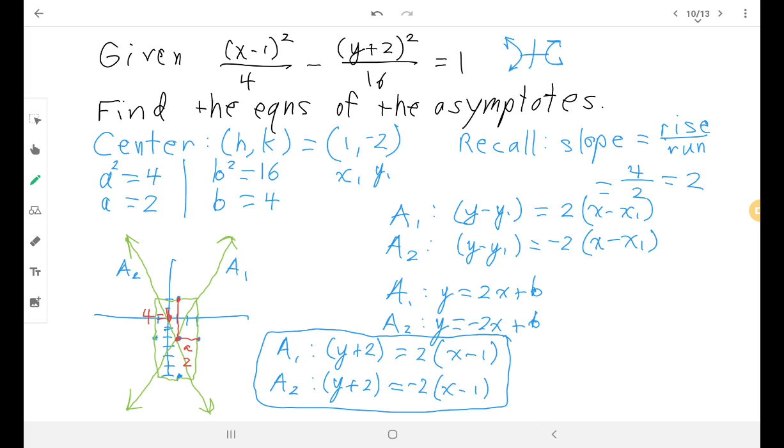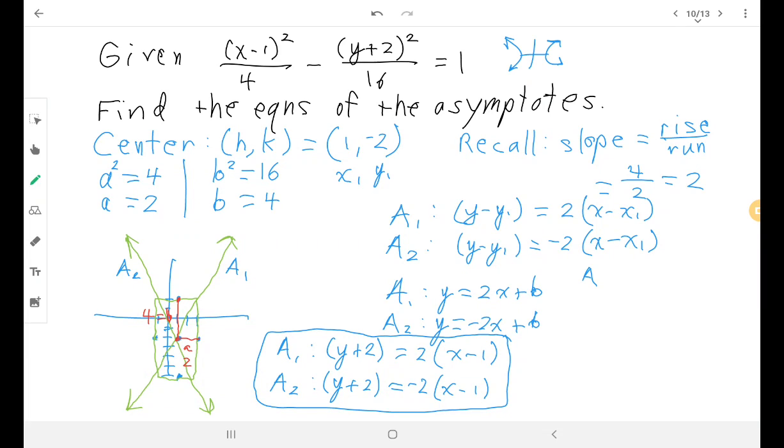Then you could do them in slope-intercept form, also, of course. But to do them in slope-intercept form, you either have to simplify these two, which you could do, or you plug in an x and a y and solve for b, and that's how I'm going to do these ones.